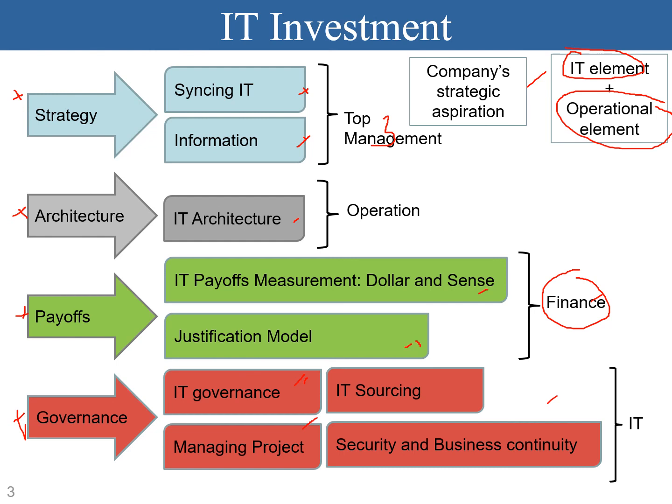Managing projects: you will learn about IT project management issues, why IT projects always fail, and how to have good project management. In chapter 8, which is IT sourcing, you will learn about the IT decision on whether IT assets are to be developed and maintained in the company or outside. It is a matter of how and where to outsource the IT.